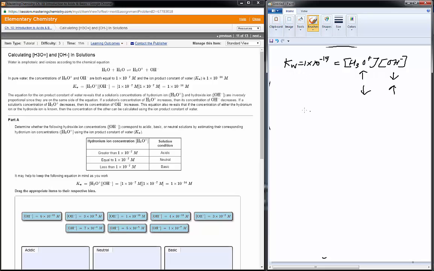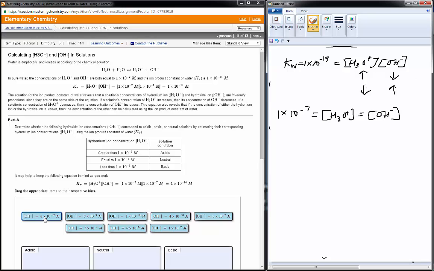And if we're at 1 times 10 to the minus 7th, then that's the middle. That's also going to be my OH minus. That's the point at which these two things are equal. But otherwise, if the H3O plus is higher than that, then the OH minus is going to be lower than that, right?